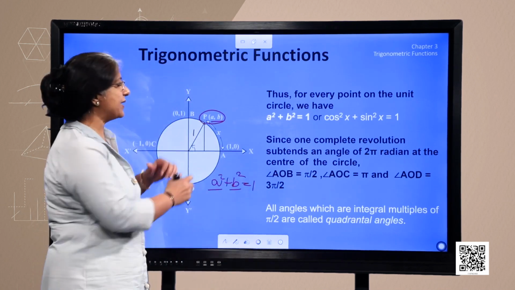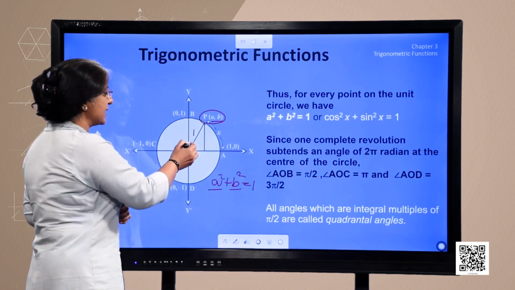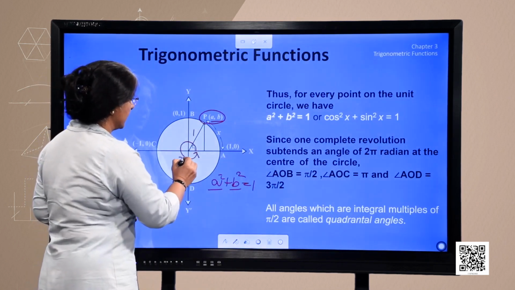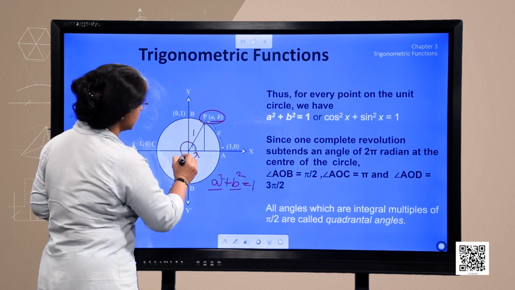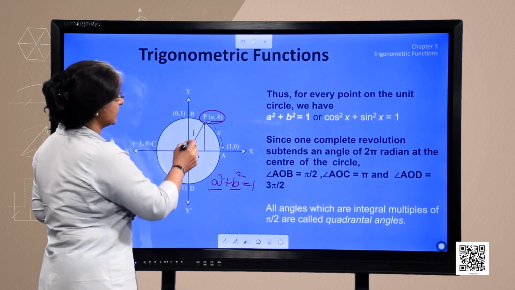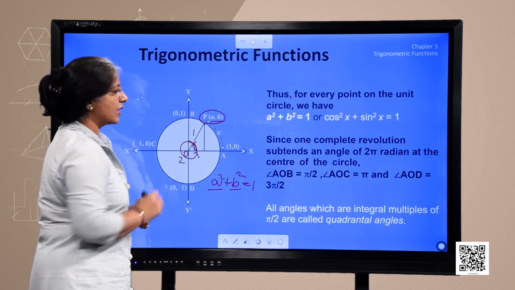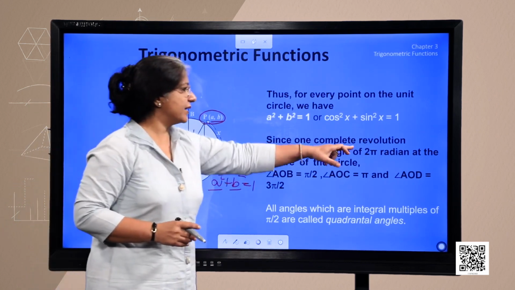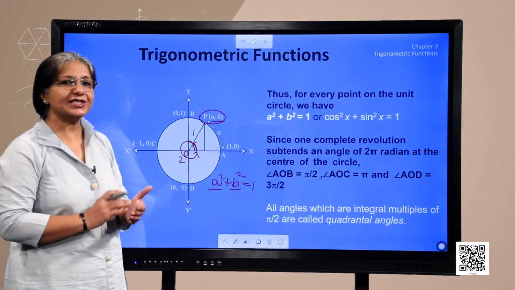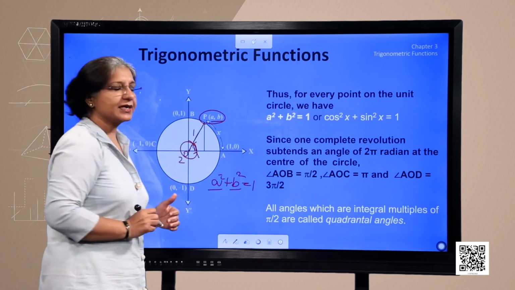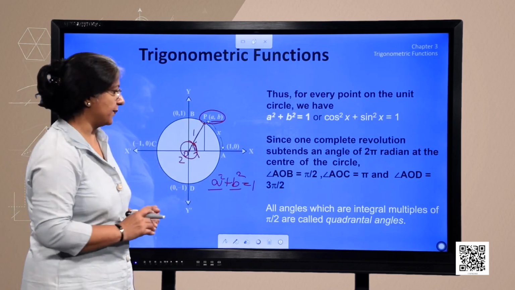Since one complete revolution subtends an angle of 2 pi, if we start from this point and go all the way round, it does not make any change in the value of this angle X. It is going to remain the same.